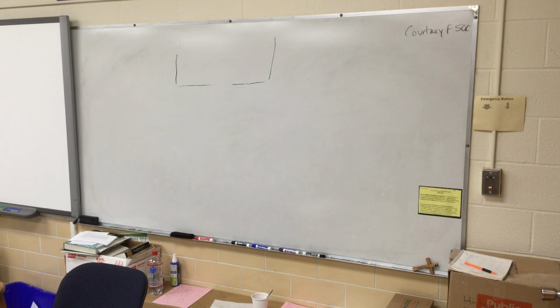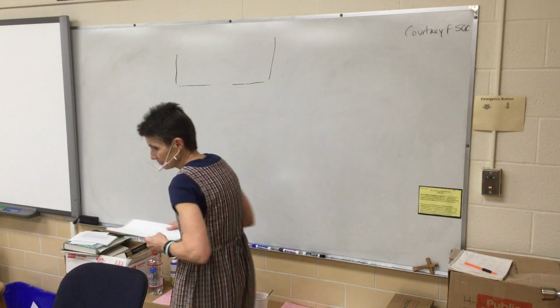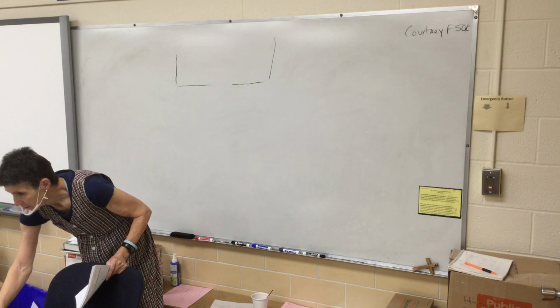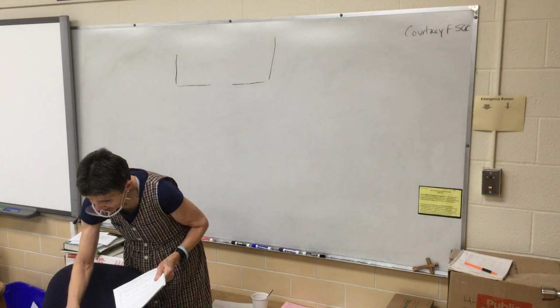Now the actual quiz will not be this long, but it will have problems that come from this sheet, okay? So this is what you need to know, and then the quiz will only have 3 or 4 problems on it. The questions will come from this sheet, or the type of questions will, not the exact questions.